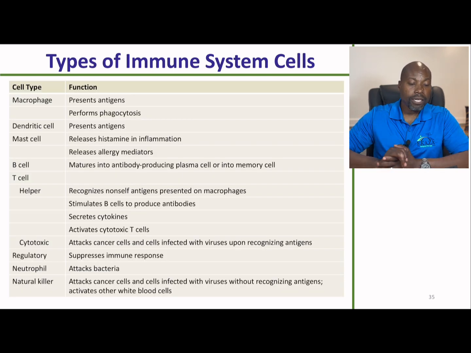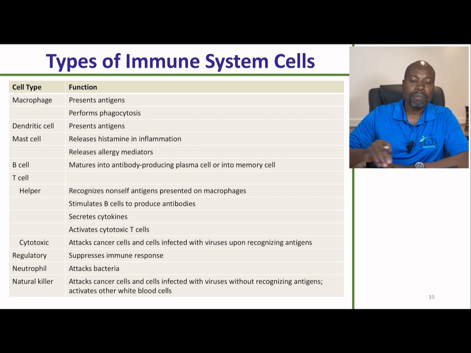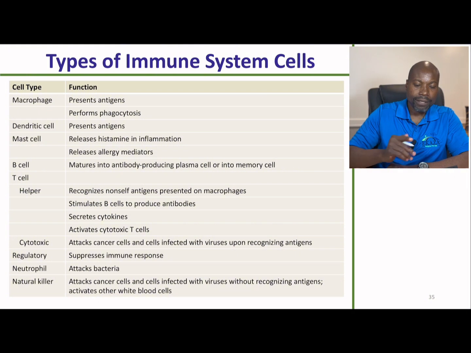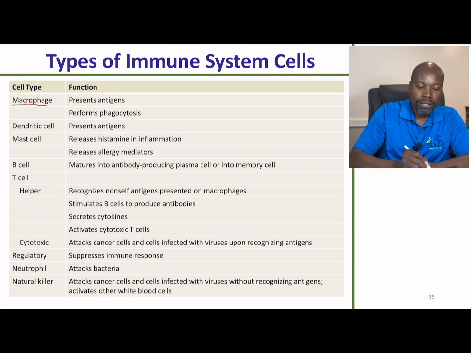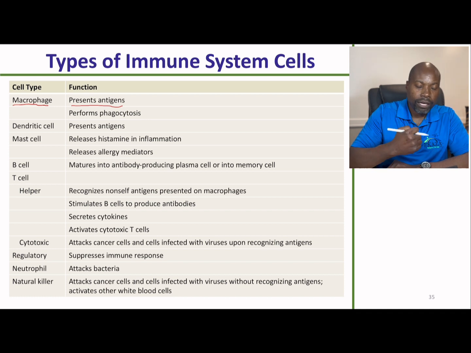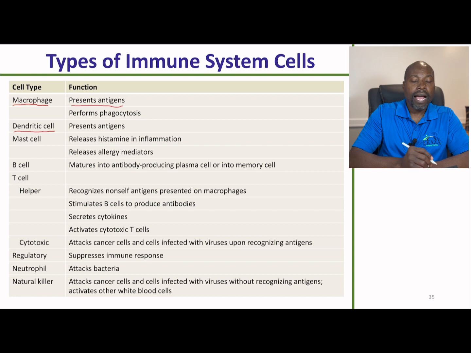Finally, but not least, let's take a look at the different types of immune system cells. The macrophages are going to present antigen. They are going to engulf antigens. The dendritic cells are going to engulf antigens through phagocytosis.